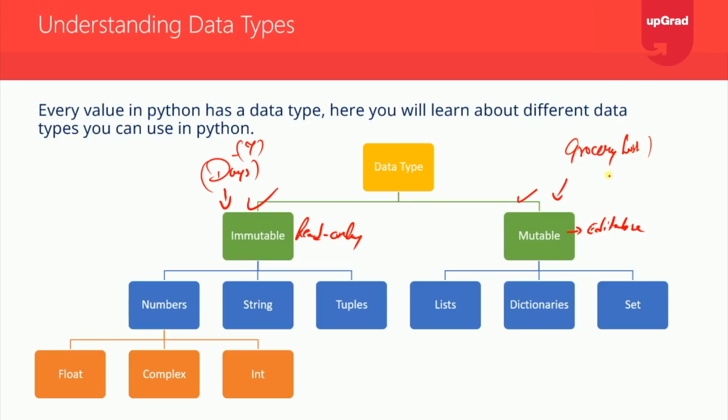A grocery list can be an example of mutable data where we can add or remove items. So the variables that we create using numbers, strings, or tuples are immutable, meaning they are read-only objects. Whereas the objects that we create under the mutable category by using lists, dictionaries, or sets are always editable.